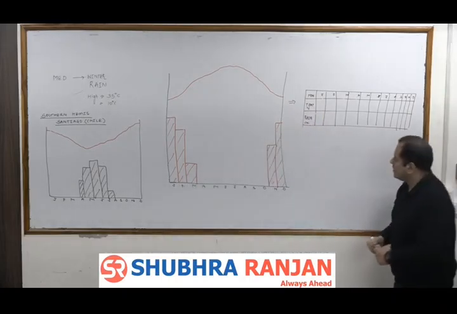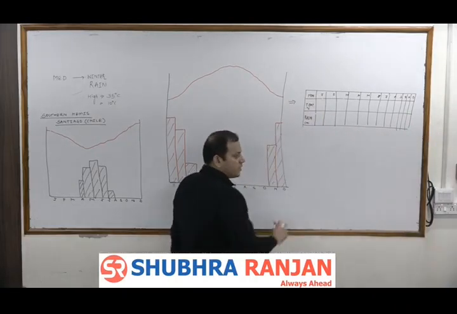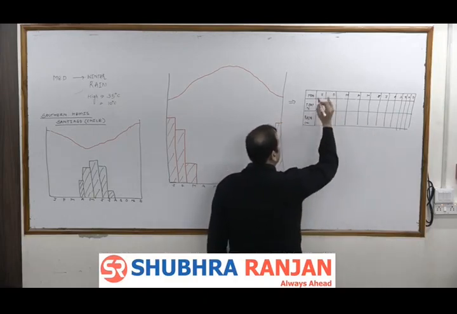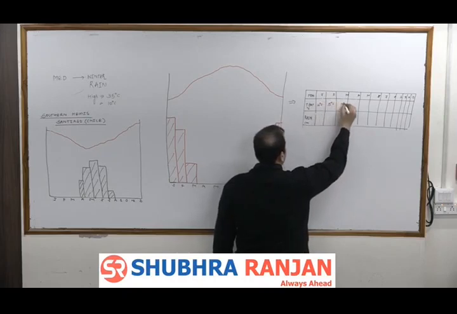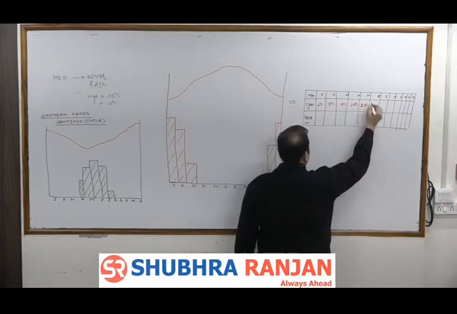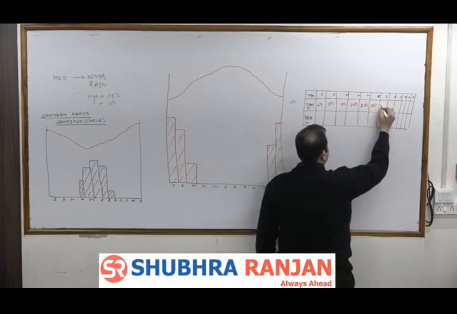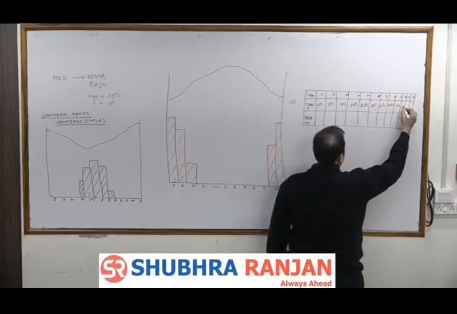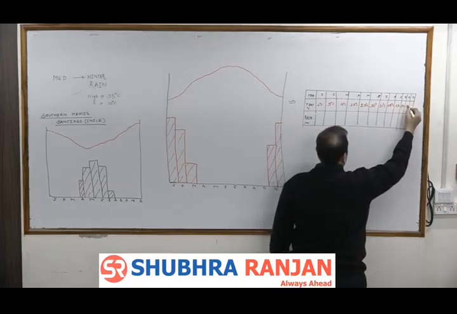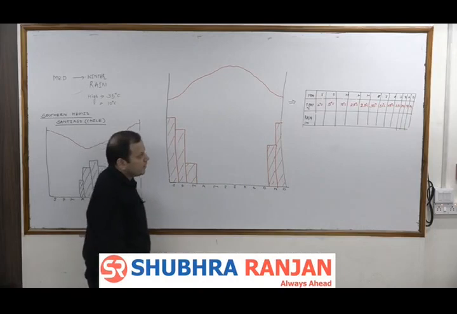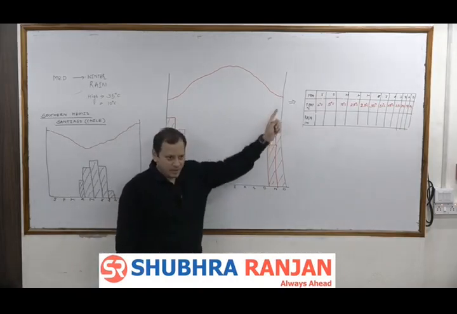You don't have to remember the temperature and the rain for each and every place, but you should look at the pattern of this. For example, temperatures are very low. That means highest temperatures are in the months of April, May, June, while the lowest temperatures are in the month of, is it visible at the back?